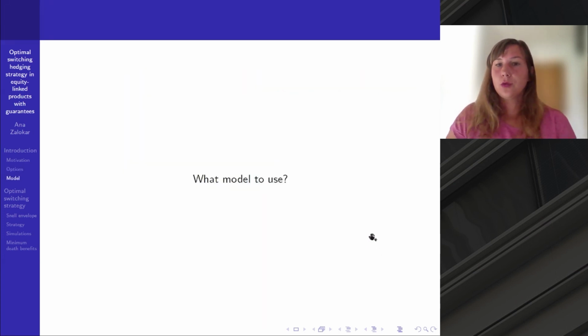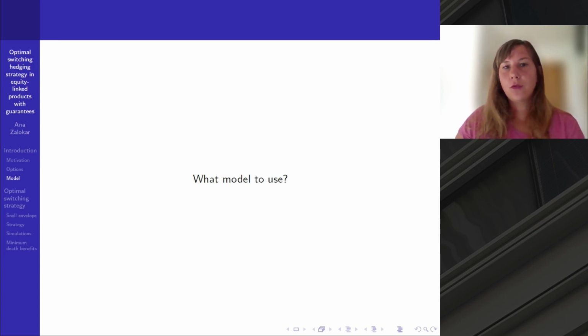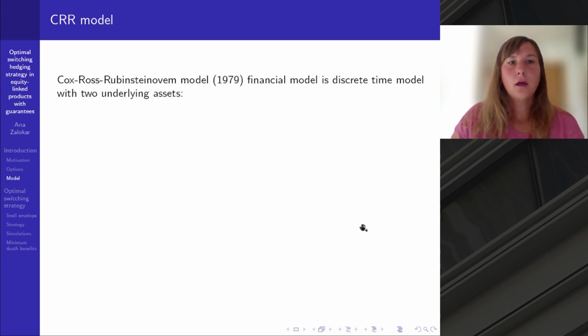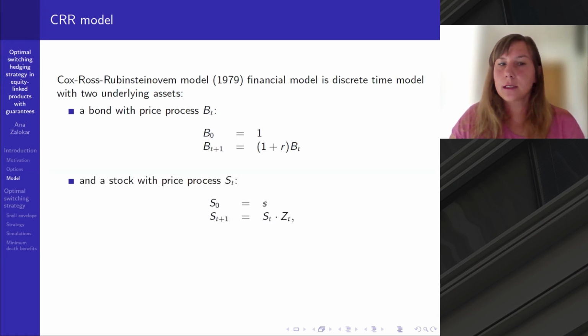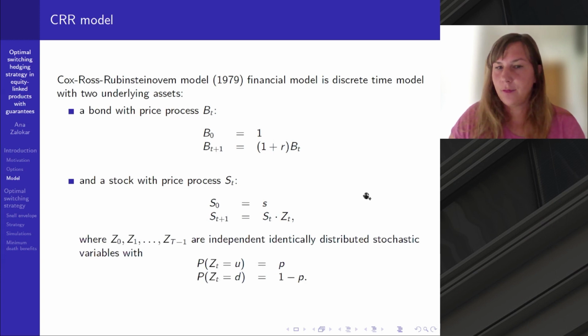Okay, so we decided to use options, but what kind of financial model to use was the next question. So of course, we decided to first approach with the most simple one, and this is the discrete time model. So the Cox-Ross-Rubinstein model is a discrete time model with two underlying assets, a bond with price process BT and a stock with price process ST. So the initial price of the stock is S, and then it can be multiplied by the factor U with probability P and multiplied by the factor D with probability 1 minus P, and this we will do for every step.